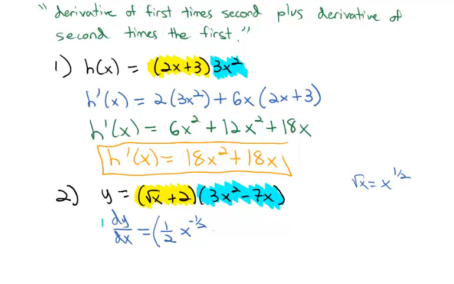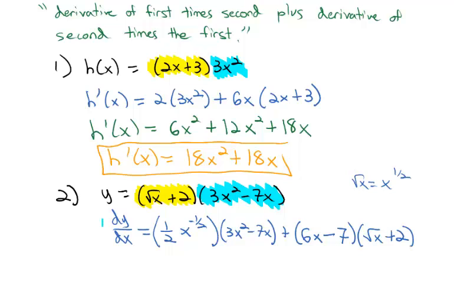The derivative of 2 is a constant, so that's the derivative of the yellow, times the second part, which is 3x squared minus 7x. Plus, we take the derivative of the second part. The derivative of 3x squared, bring the 2 out front, we have 6x to the first, minus the derivative of 7x, which is just 7, times the first part, which is the square root of x plus 2.